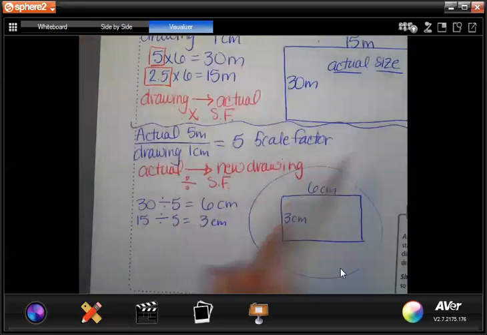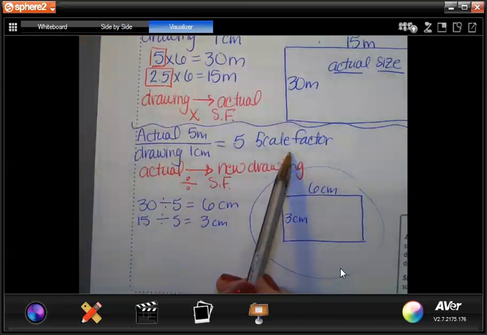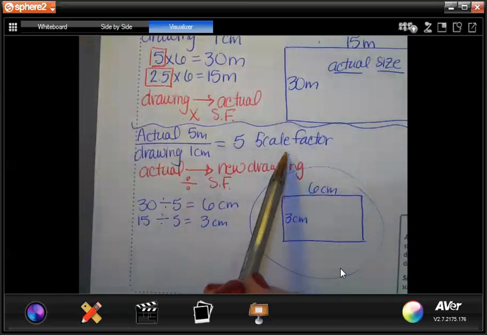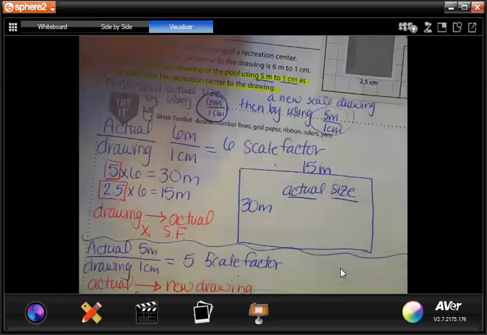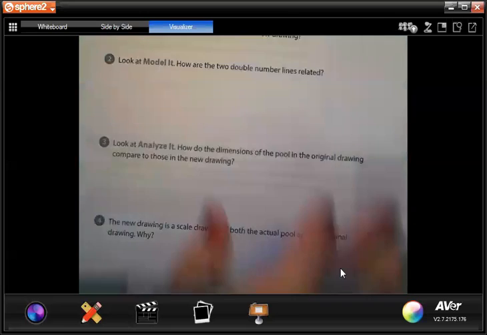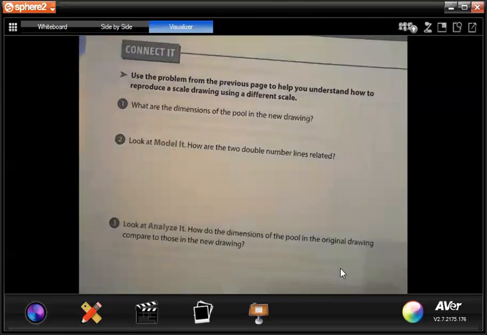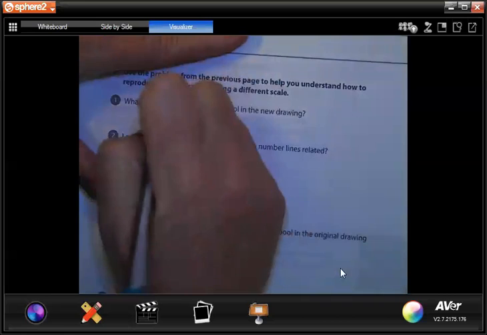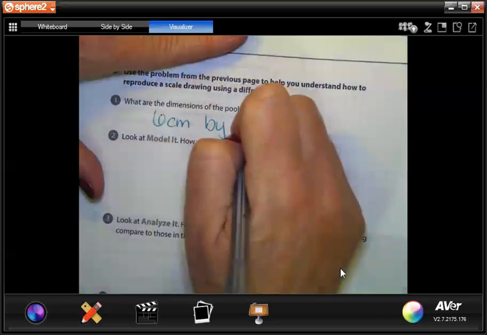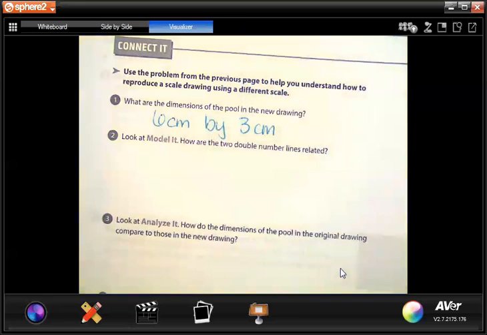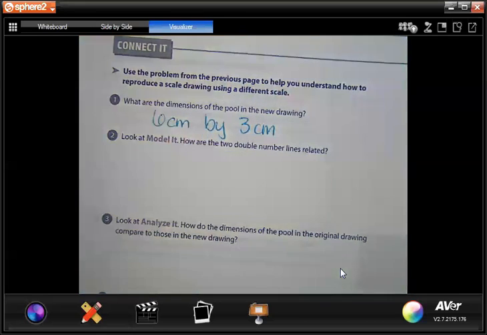Then you took your actual dimensions with the new scale factor and divided, because you were getting a new drawing, and this was your answer. So therefore, number 1, the new dimensions were 6 centimeters by 3 centimeters.